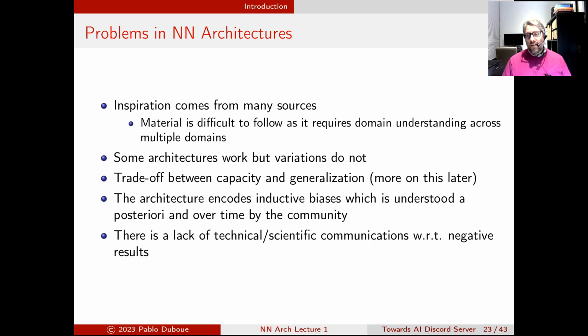The issue is that then this original solution that comes from, I don't know, quantum chemistry starts being used in natural language processing. But the original concept really makes sense coming from quantum chemistry.